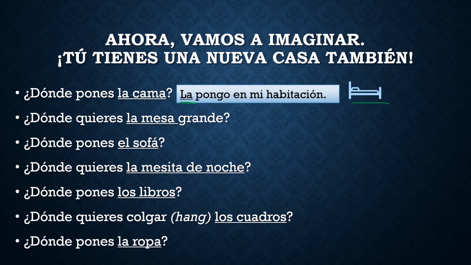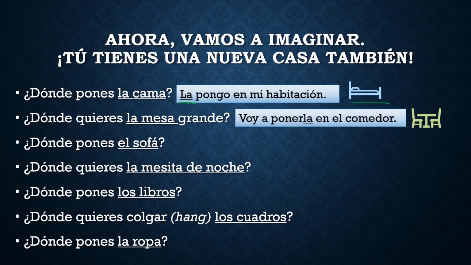¿Dónde quieres la mesa grande? Where do you want the big table? Again, there's many ways you could answer this. One way would be, voy a ponerla en el comedor.